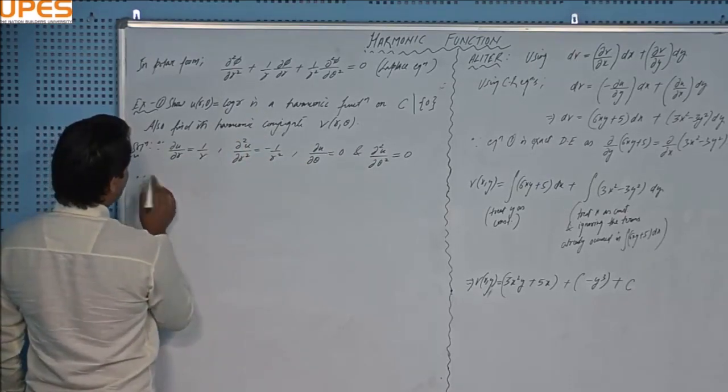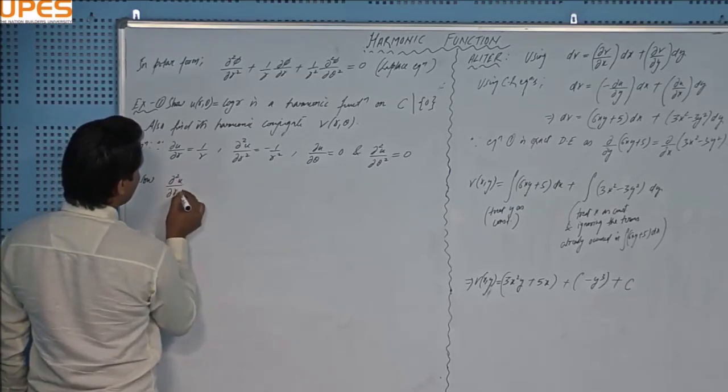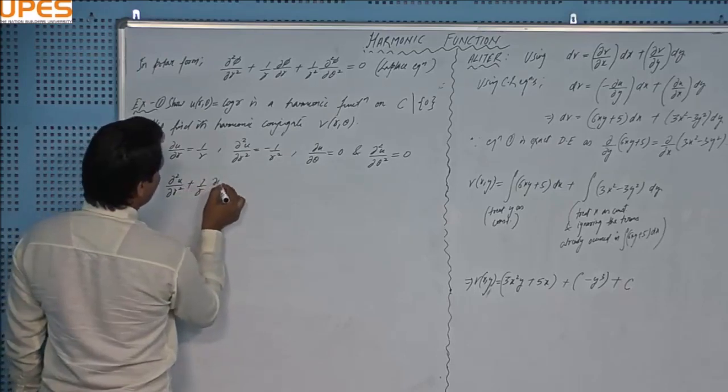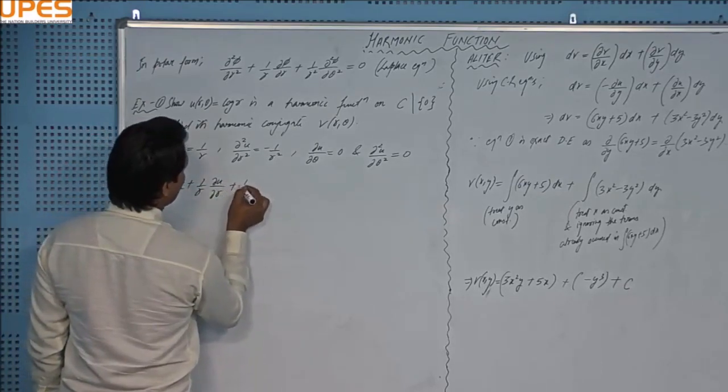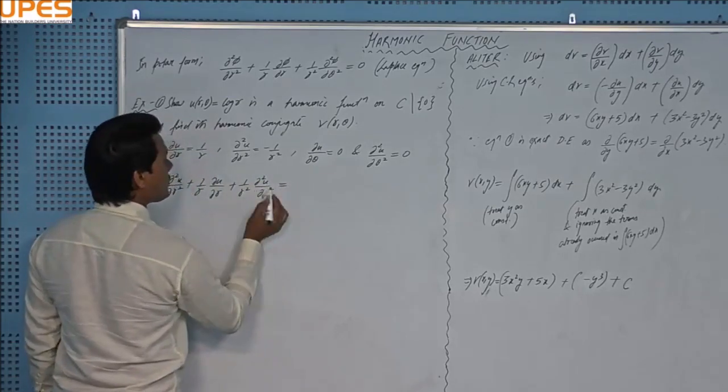Now del square u over del r square plus 1 over r del u over del r plus 1 over r square del square u over del theta square equals 0.